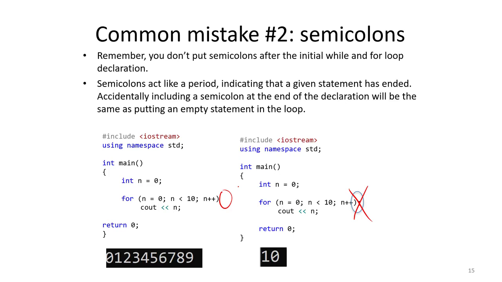Semicolons tell C++ that our statement has ended. So if we accidentally put a semicolon right at the end of our for loop declaration, that would be the same as putting nothing or an empty statement inside our loop. That's why we saw the number 10 when our empty loop had been triggered.